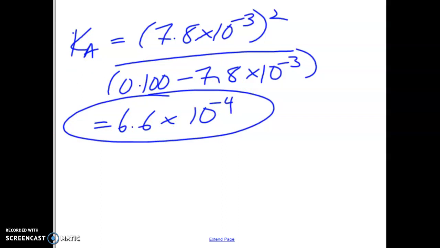Whenever you're given data to work with, it's not going to be as simple as just looking up what the Ka value is for HF. You essentially have to prove what the number is. So percent ionization is a very powerful piece of information. We can get our product quantity from that. Another powerful piece of information in questions like this is pH, because that's a way of determining your hydronium concentration as well.